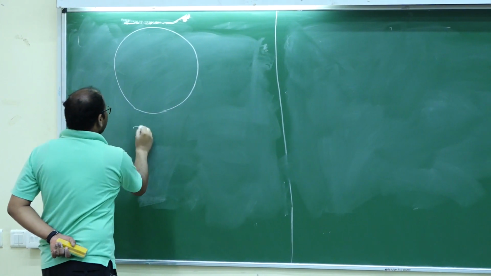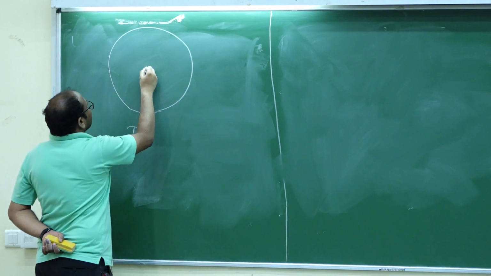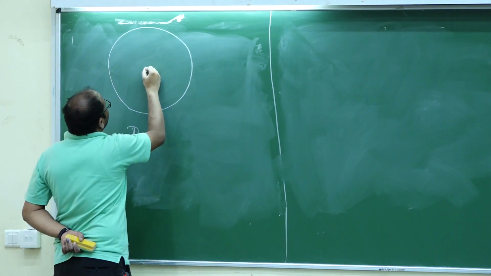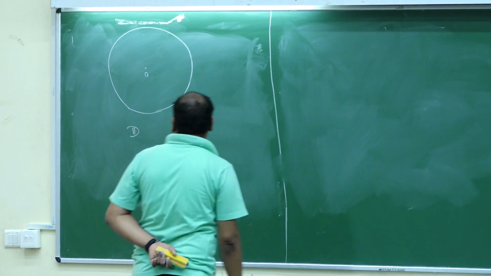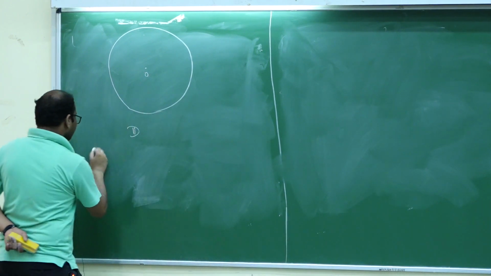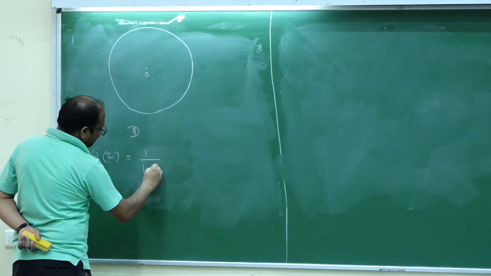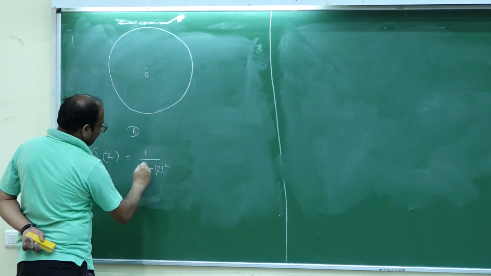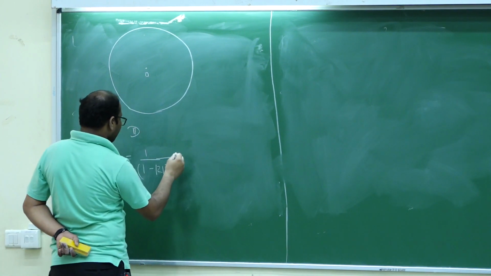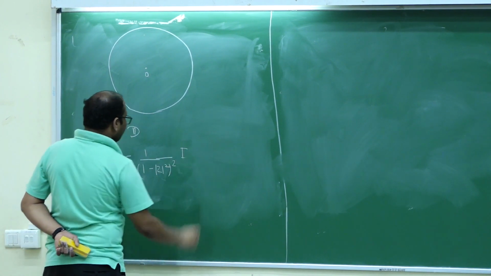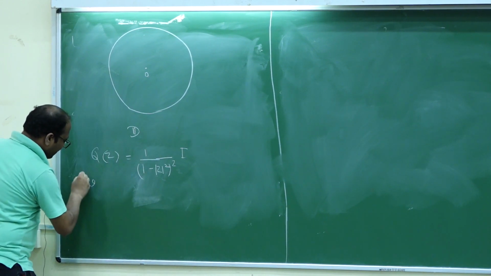Now, this is my origin. So what is the Riemann metric here? It is really 1 by 1 minus z square. So if you look at this, what will be B?